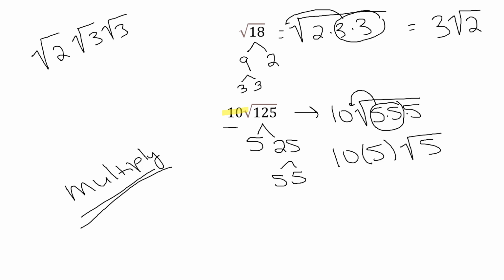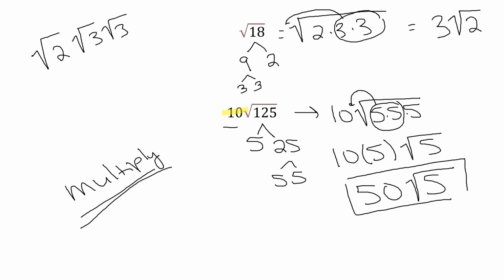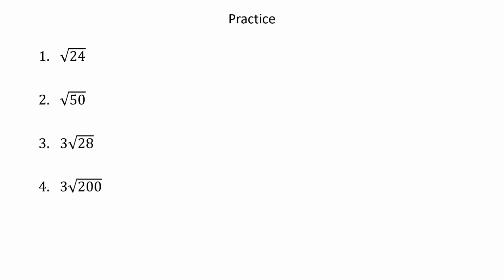My leftovers stay put. 10 times 5 is 50. The square root of 5 cannot get any simpler, so it just stays like that. Tree it, pair it, simplify it. You already know what I'm going to say, so just pause it, try them, and then come back and check.